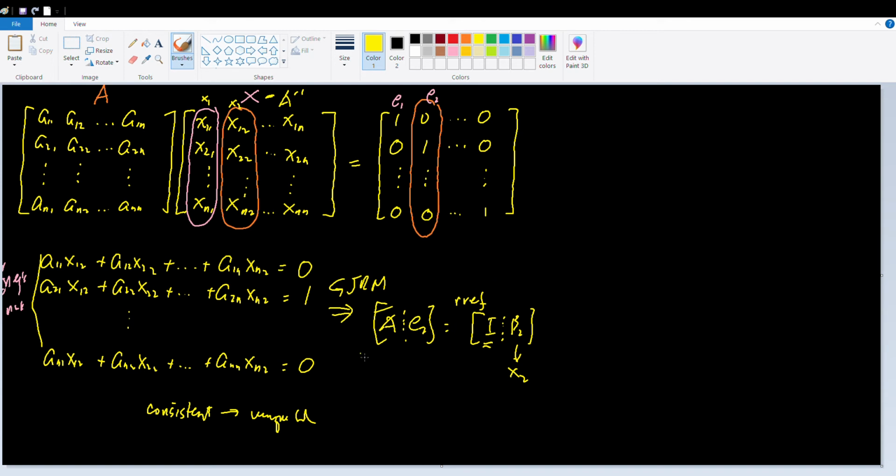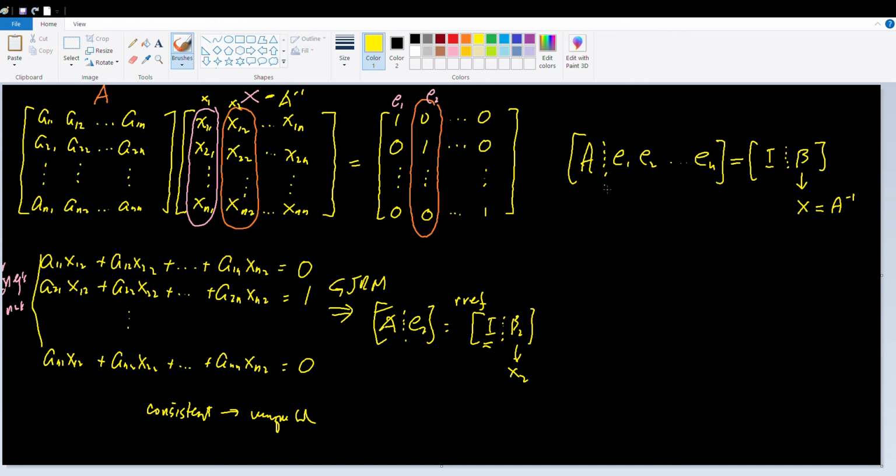So we can do this simultaneously by appending to A columns E1, E2 up to En. And this will result to the identity matrix I together with the solution B, which is actually our matrix X, which is the inverse matrix of A.